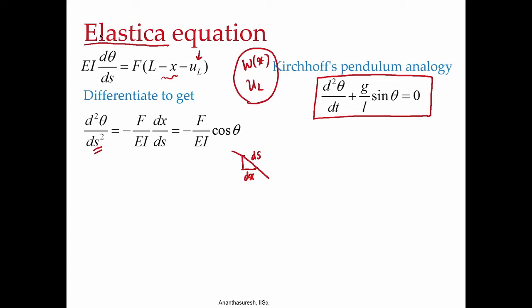So, we have the second derivative d square theta by ds square, here d square theta by dt square, that square I forgot, dt square, and then we have cosine theta here, sine theta, that does not matter, because if I draw the pendulum, normally we denote this angle as theta, instead I can denote this angle as theta, that becomes cosine theta, what we have here. So, you can see that the large oscillations of a pendulum and the deflection of a beam are governed by the same mathematical equation. Does it mean then that there are some oscillations also in this beam?